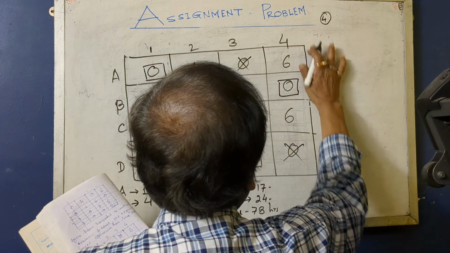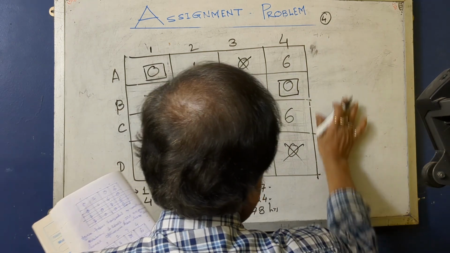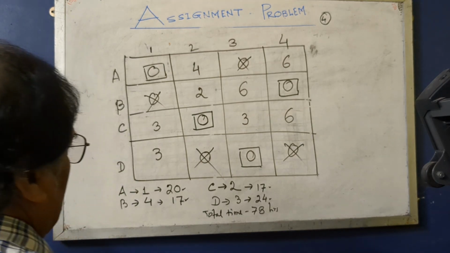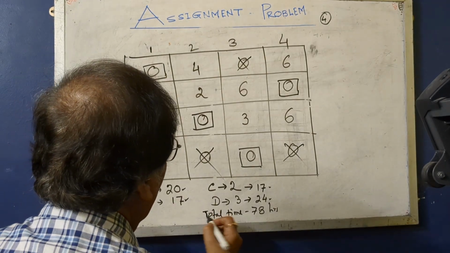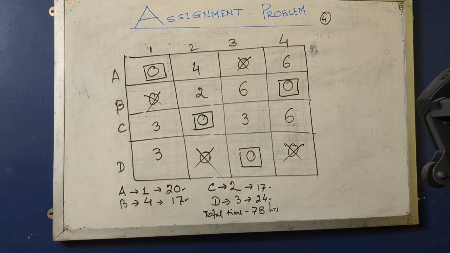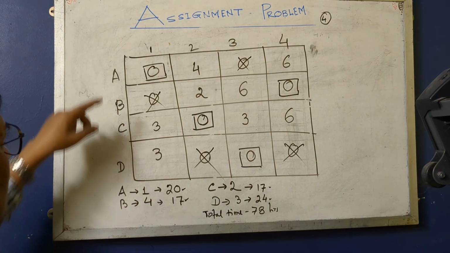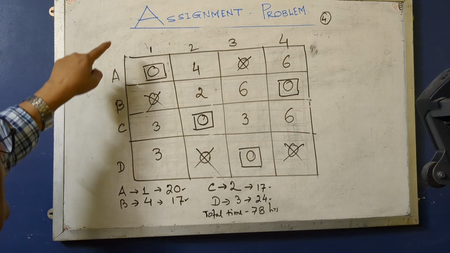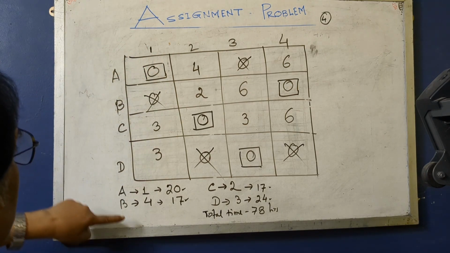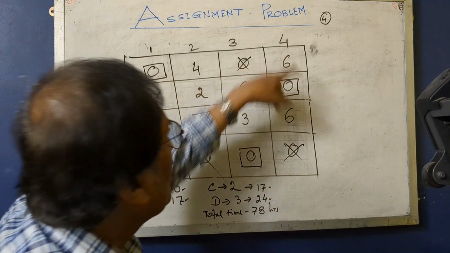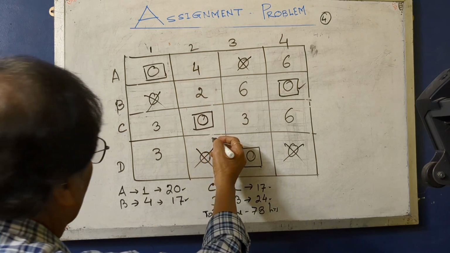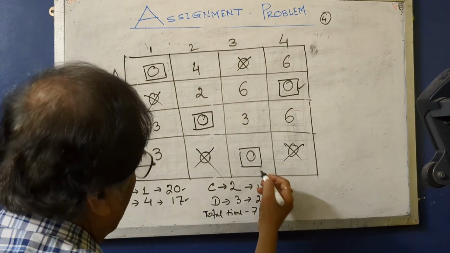Okay, that will serve the purpose. So in this way, you can solve any assignment problem in your exam. So what will be your answer? Person A is to be allocated job 1, B job 4, C job 2, and D job 3.